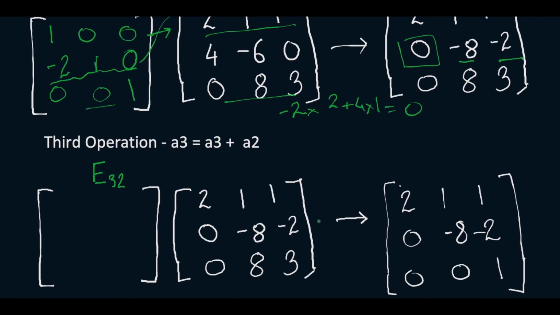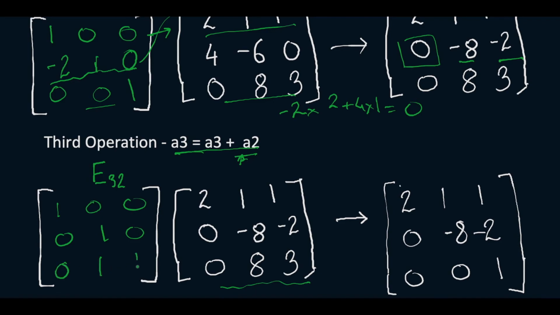Now it's time for our third operation, which is A3 equals A3 plus A2. This was our matrix, and our A1 and A2 have not changed, so we write those the same, as 0, 1, 0. For A3 equals A3 plus A2, the coefficient of A2 is 1 here, so nothing changes in A1.